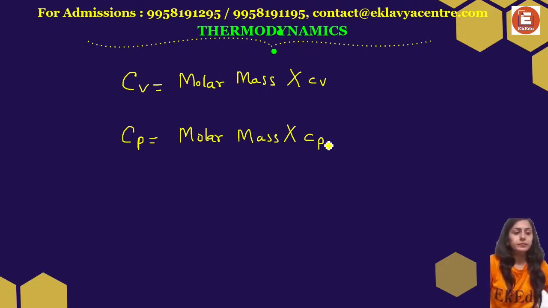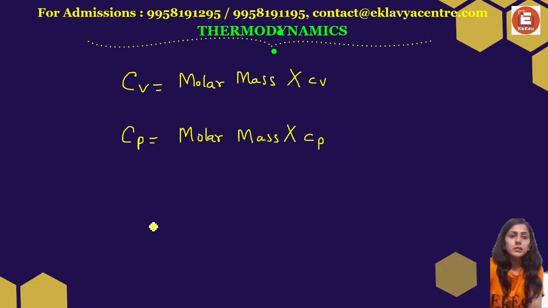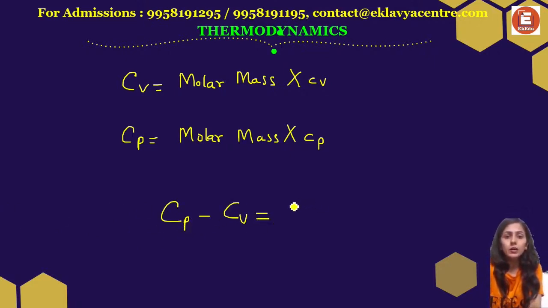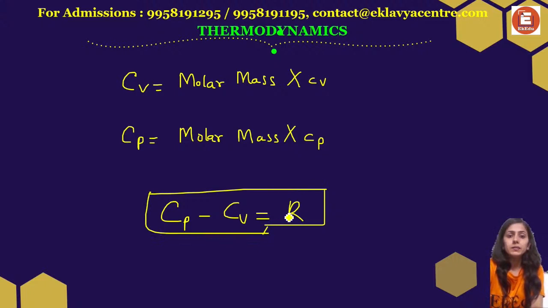Next, a very important equation that you have to remember is capital Cp minus capital Cv is equal to R. Yes, it's true for an ideal gas.